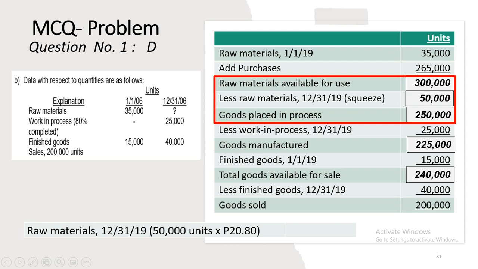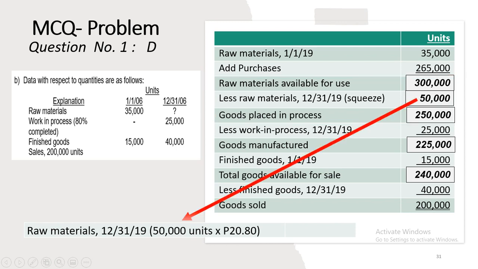And then we will use 50,000 as the basis to compute for the total amount of raw materials. Take note, this is in units yet, so we're going to compute for the total amount. The basis is 20.8. How come it's 20.8?